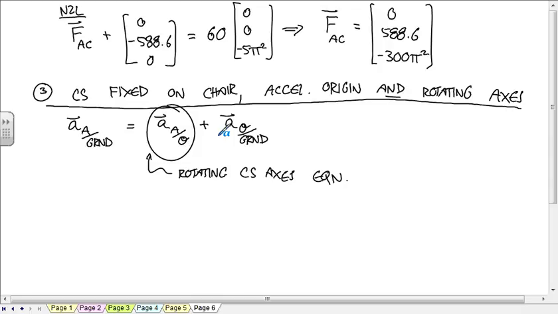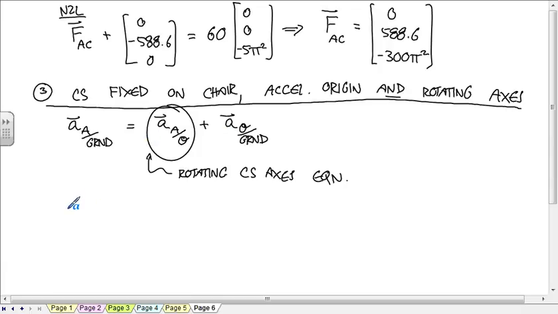What's the form that the acceleration of the origin relative to the ground is going to take, or what kind of motion is the origin in? It's just in uniform circular motion, so that's just calculating a centripetal acceleration. Okay, so let's go through this.